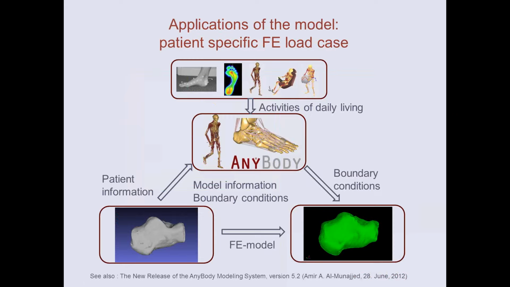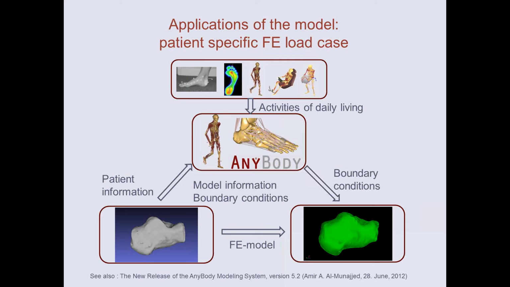And so now we will look at some applications, what we can really do with this model. One of the most classic applications is providing a patient-specific finite element load case.